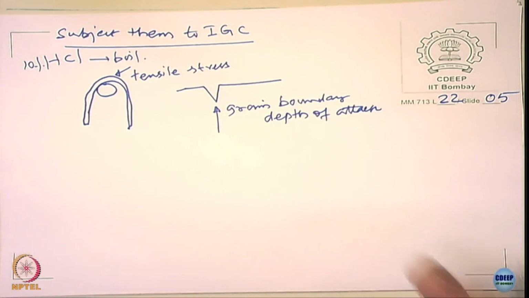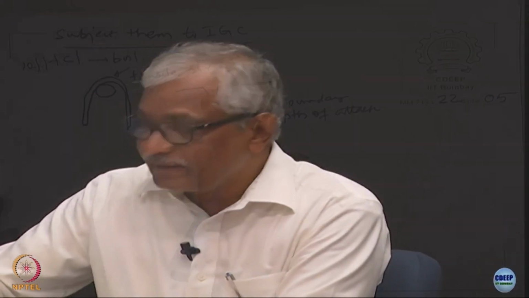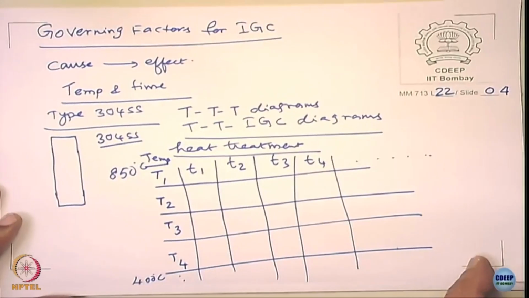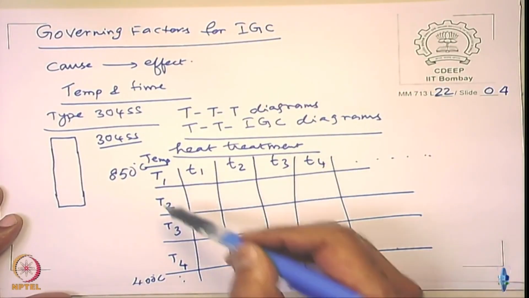And the depth of attack is related to the intergranular corrosion, right? If the grain boundaries are sensitized, more chromium carbides are formed, more chromium depletion has occurred, then the grain boundaries become susceptible to corrosion. Now you can have the depth of attack, and you have done a big matrix of tests, right, various temperatures and time.